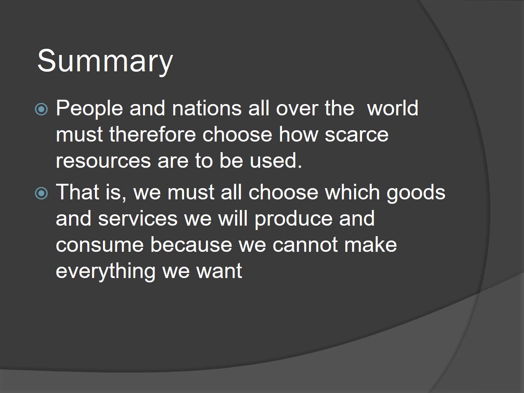Now come towards the summary of the topic. People and nations all over the world must therefore choose how scarce resources are to be used. That is, we must all choose which goods and services we will produce and consume, because we cannot make everything we want.